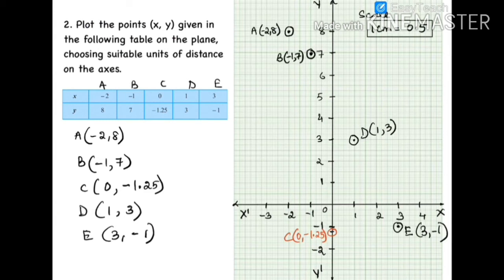With completion of this exercise, we have come to the end of this chapter. You will be able to relate plotting of points done in this chapter with plotting of graphs that you have done in physics chapter motion, where you have plotted distance time graph and velocity time graph by taking time on the x-axis and taking displacement or velocity on the y-axis.